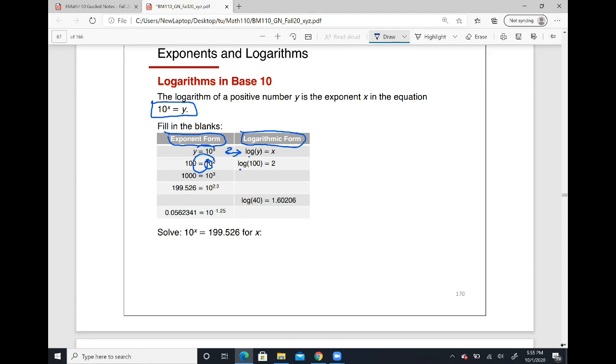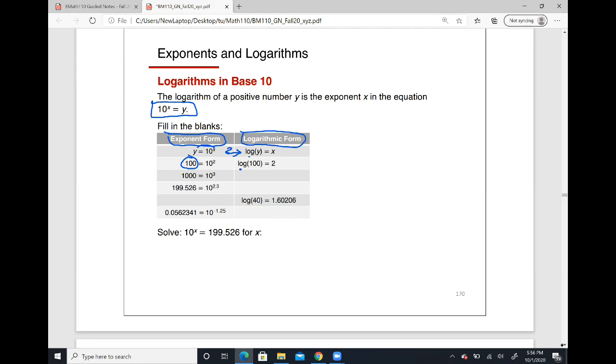If you take note, you can see that the argument is always the term that doesn't have the exponent, and the base is the base of the exponent.